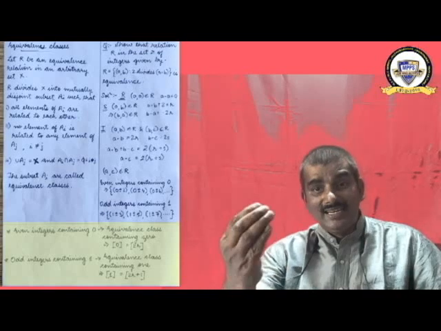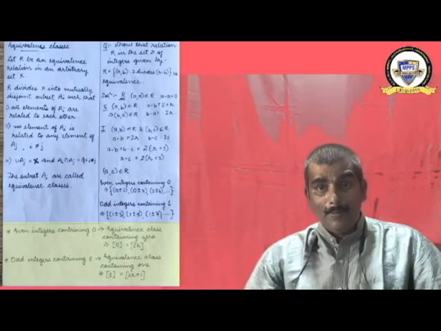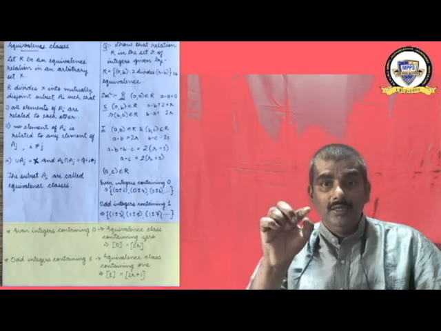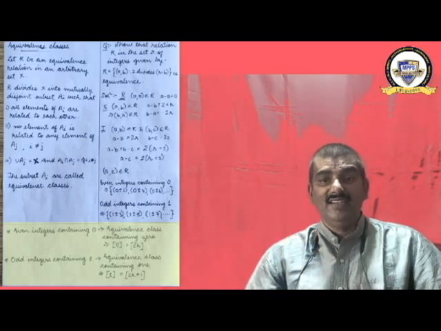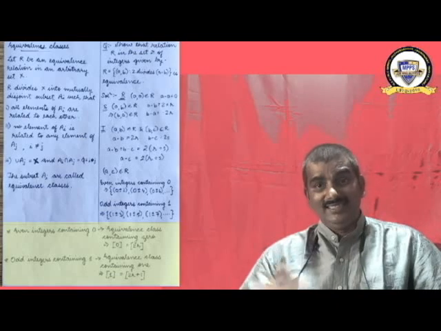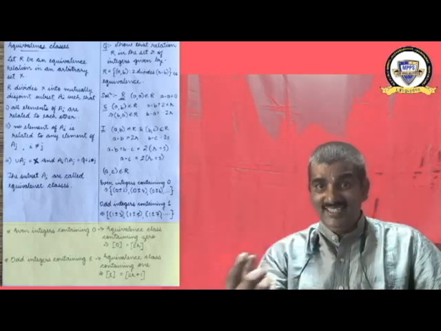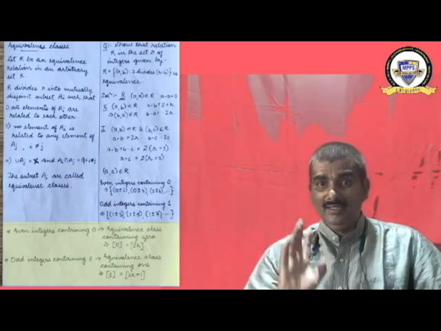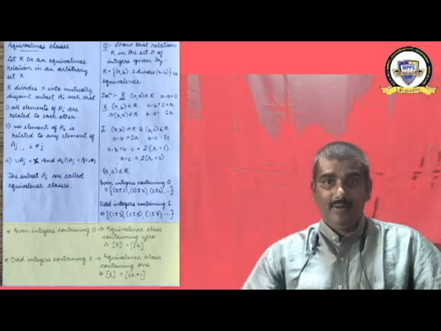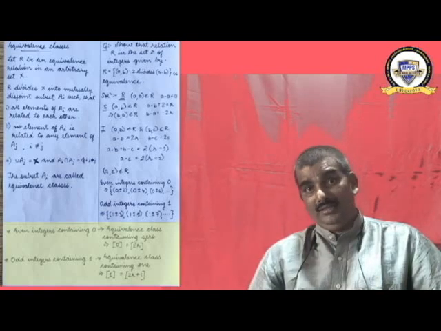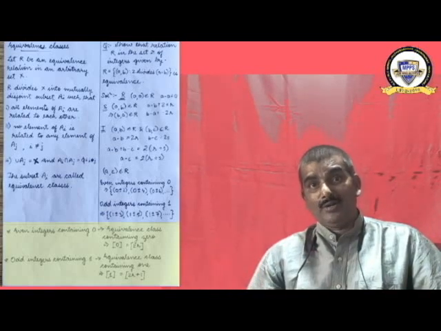There isn't any relation between these classes, but there is a relation among the members within each class. There isn't any relation between the classes, but there is a relation between the members, the ordered pairs, of a class. So this type of class is called an equivalence class.